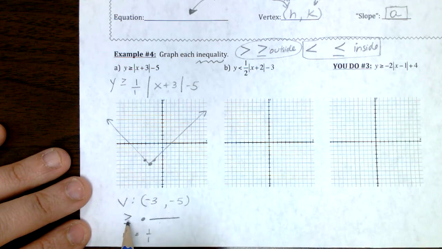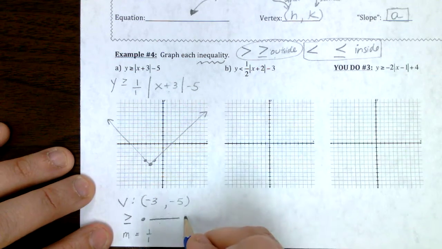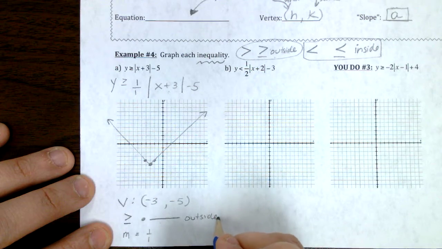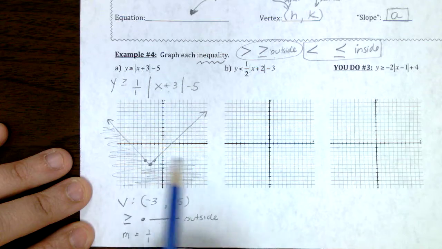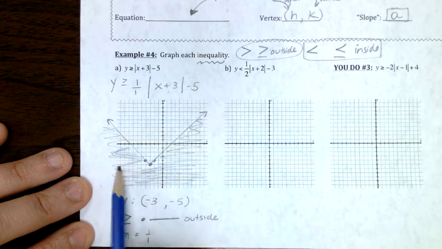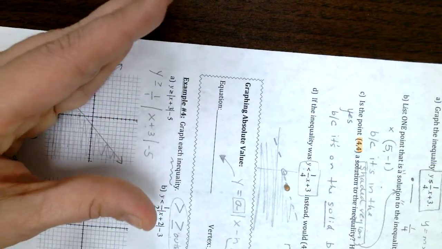Because I have greater than, that matches to the outside. So I'm going to shade all of this here. Think of this right here: here's your mouth, this is the inside of the mouth, and this is the outside.